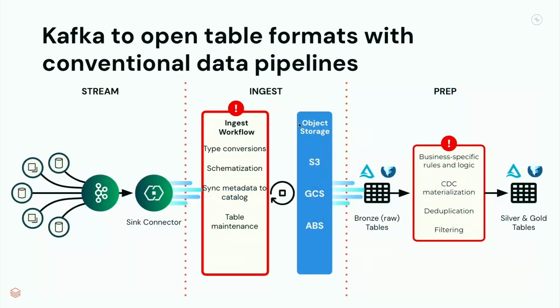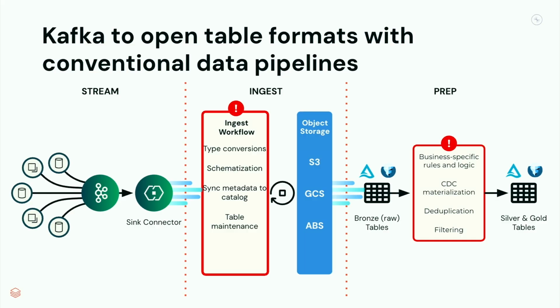Now, if you take a closer look at these use cases, they pretty much follow a common pattern. You have your data stored in your Kafka clusters, and then you often end up using something like a sink connector to dump raw data directly into your object storage. This can be your S3 bucket or any other object storage.